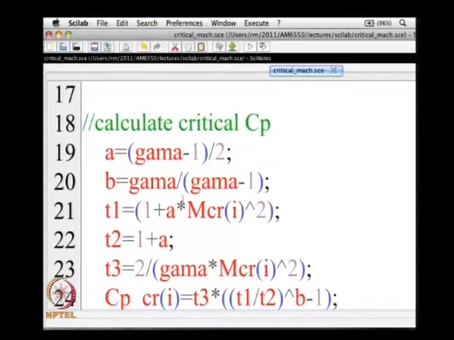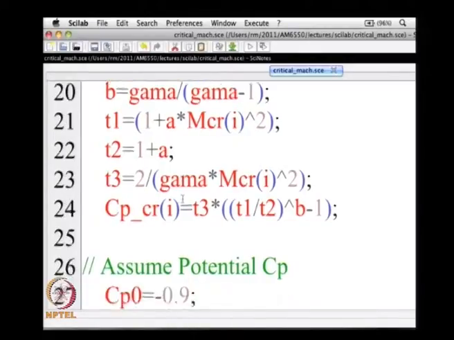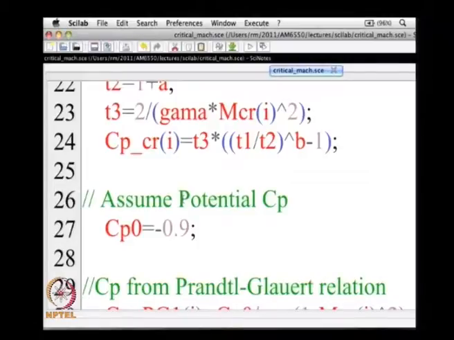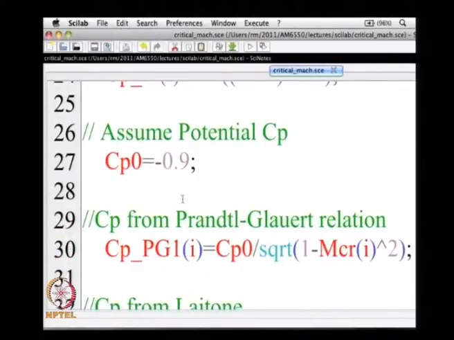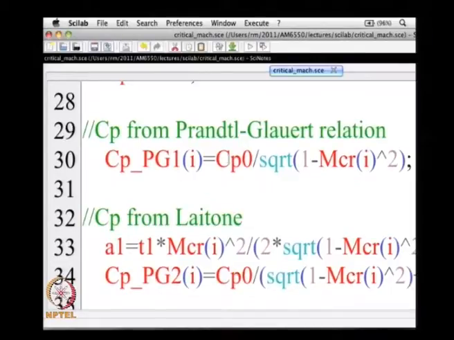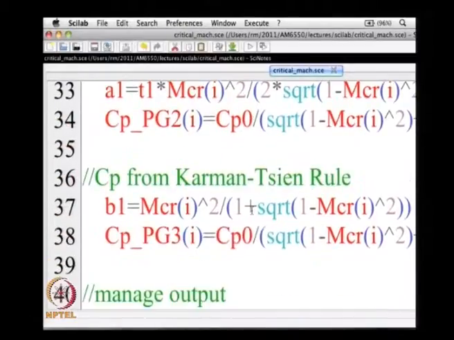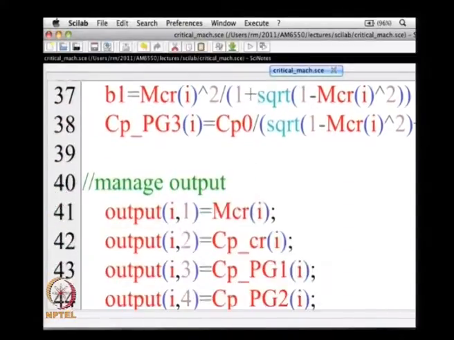Here I calculated using the equation which I have just developed. So this is the Prandtl-Glauert relationship, this is the Cp from corrections using Lighthill and Cp from the Karman-Tsien rule.